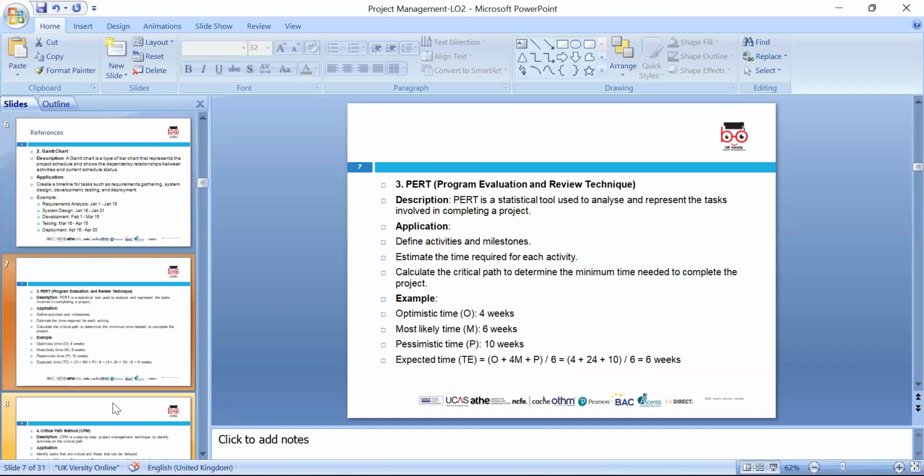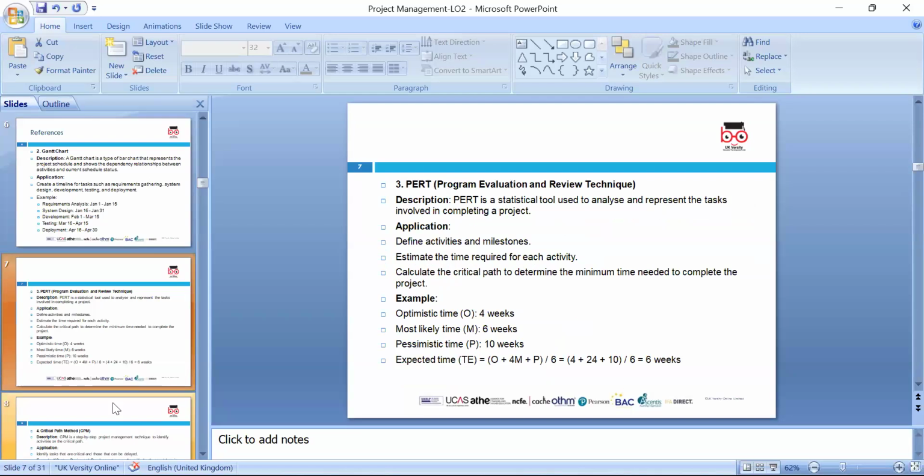We need to look at the program evaluation review technique, a statistical analysis we use under MS Project, covering task involvement and completing the project. Define the activities and milestones, the key dates and key activities that make the project successful.